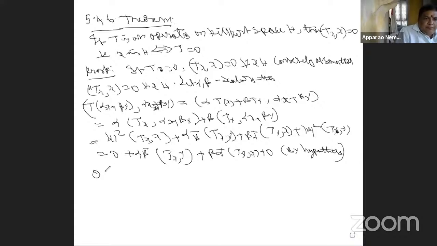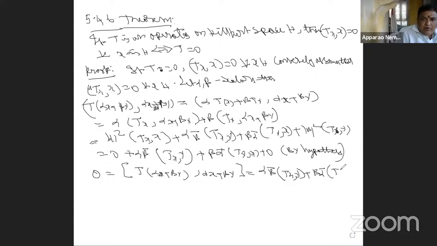So that equal to 0 equal to T of alpha x plus beta y comma alpha x plus beta y, that equal to alpha beta bar T of x comma y plus beta alpha bar T of y comma x.